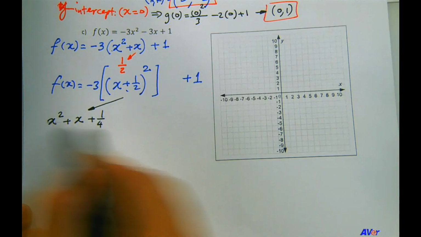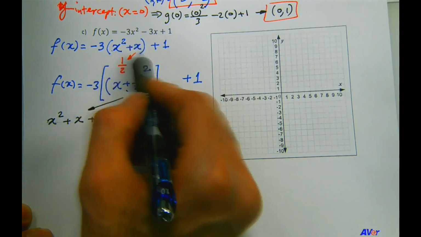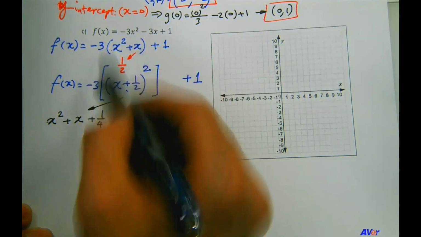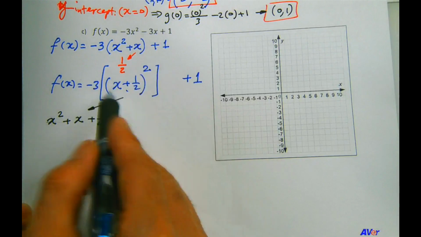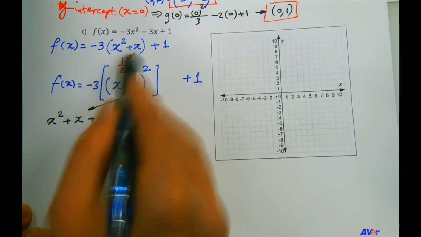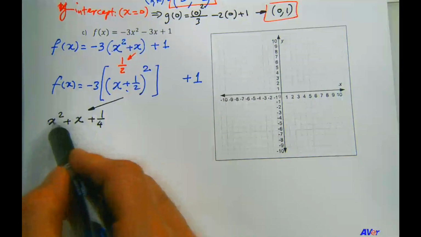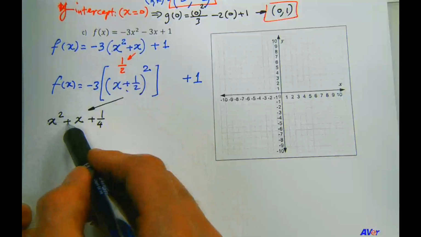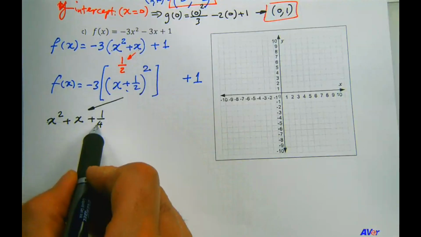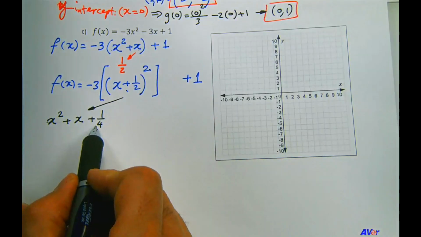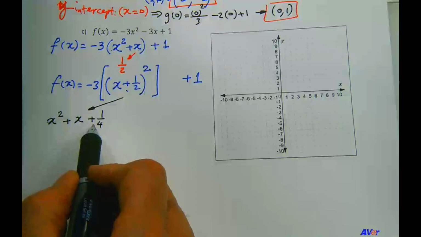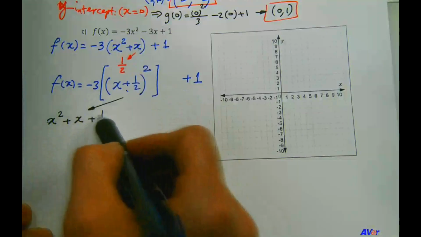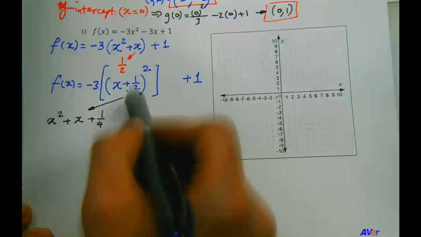Compare this with the inside of this parentheses, because negative 3 is happy out here. We don't bother with this. But compare this expansion with that: x squared, plus x, and then all of a sudden, 1/4, right? So we don't need this 1/4. We didn't have it there, but we created this problem. Why? Because we completed this square.